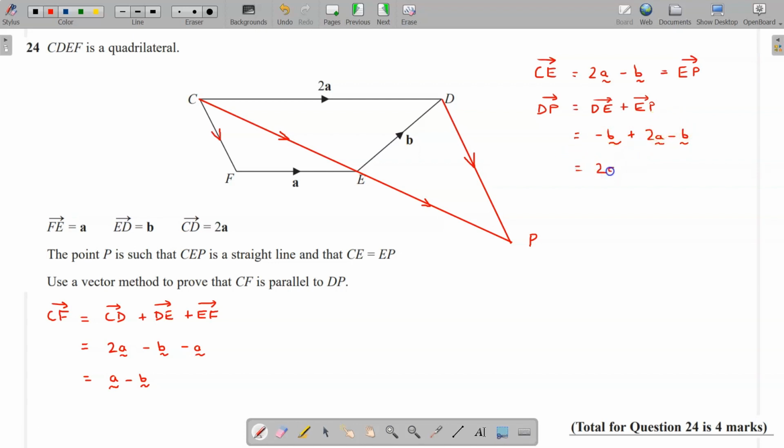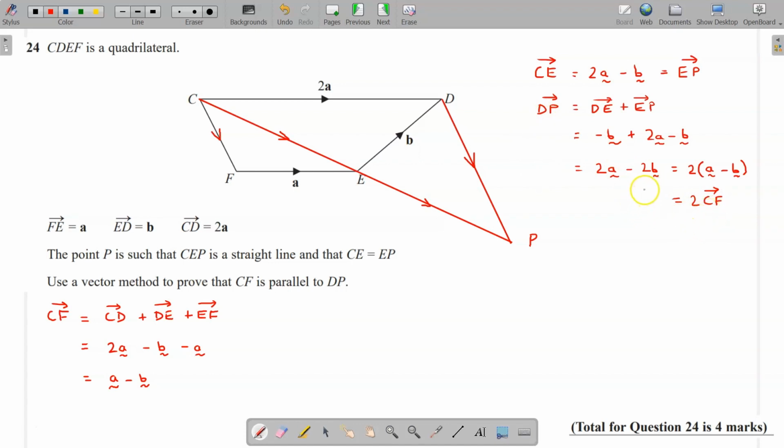And all I'm going to say now is that 2A minus 2B equals 2 lots of A minus B, and that is 2 lots of CF, which is showing that they're parallel because one of them, DP, is twice the vector CF.